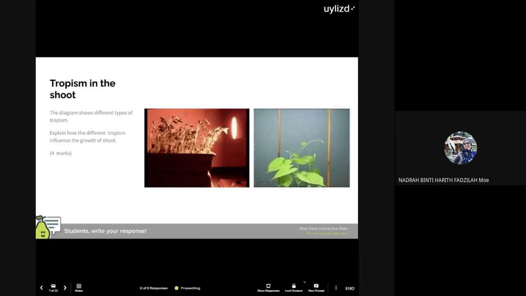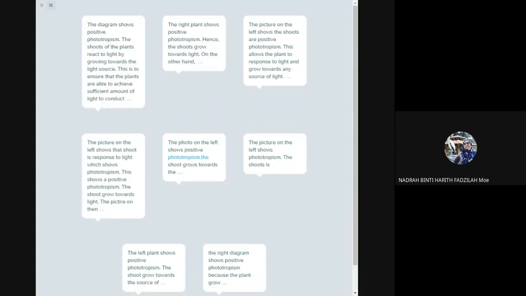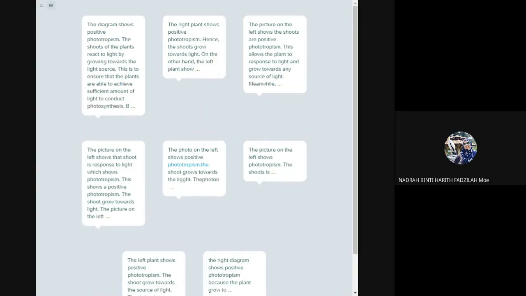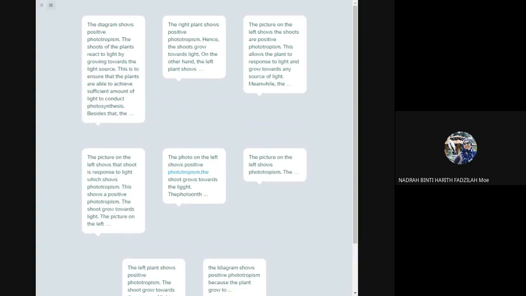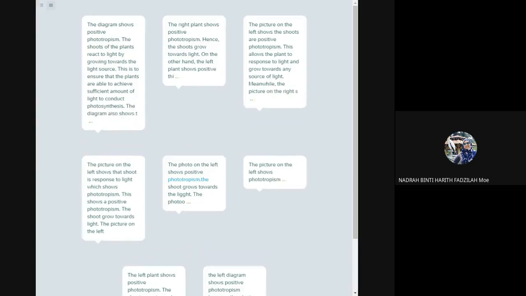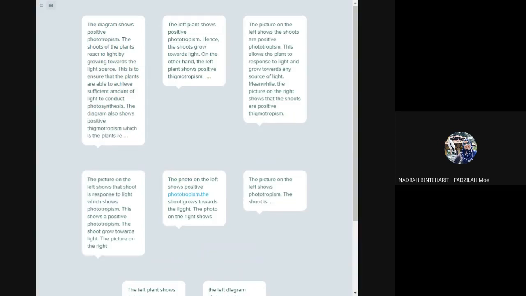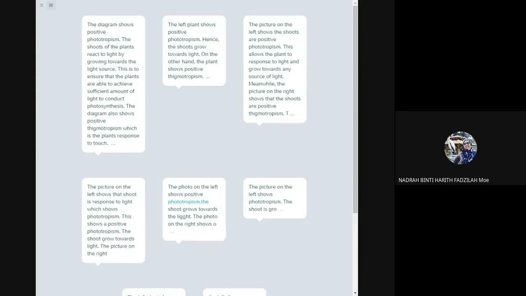Okay, let's see your answer. Okay, the diagram on the left shows positive phototropism.